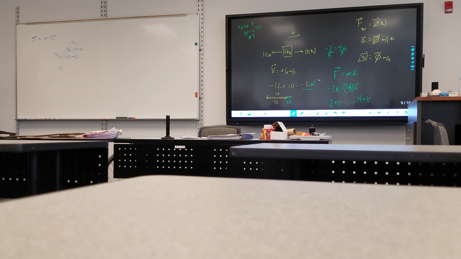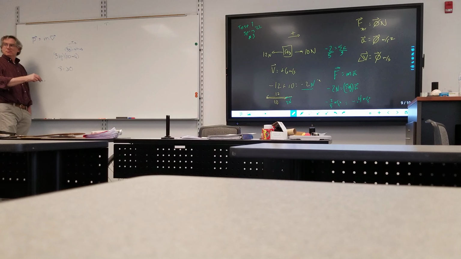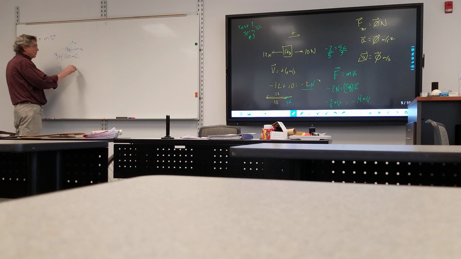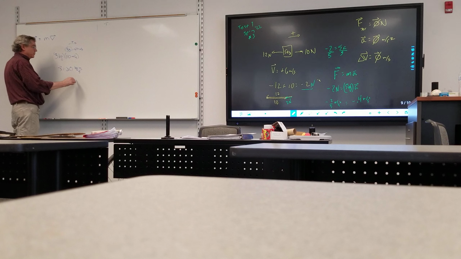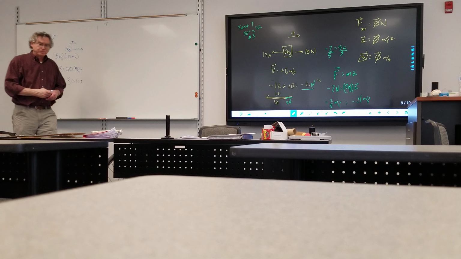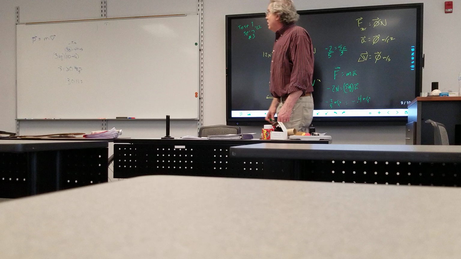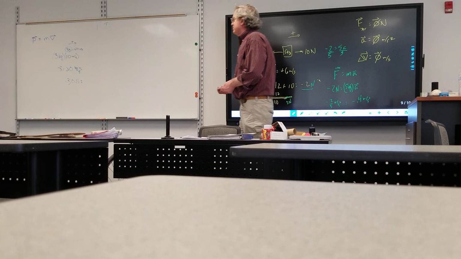Without a calculator. 30. Yep. Kilogram meters per second. Or if you want a shorter version, that's also a Newton second. Or make up your own unit. And define it. All right, so 30 Newton seconds.